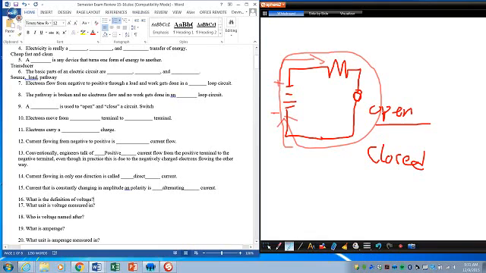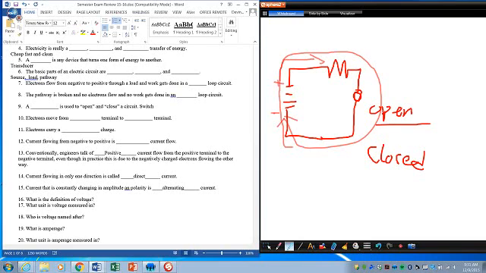Okay. Number 16, definition of voltage is basically the pressure or the potential difference in charge or push of electrons. So it's basically the push, okay? It's the force that moves the electrons. Number 17, the unit of voltage is measured in volts.